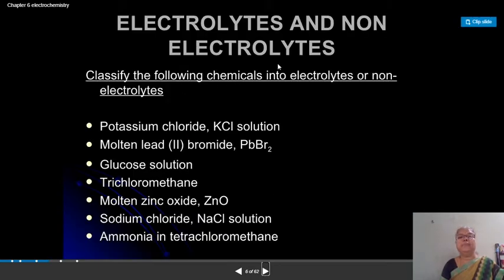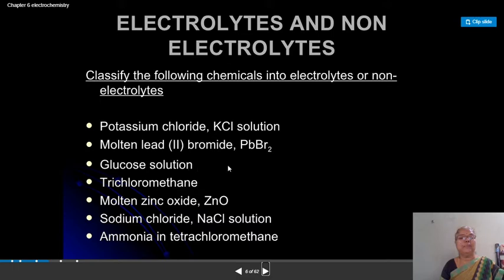Electrolytes and non-electrolytes. Here they classify the following chemicals into electrolytes or non-electrolytes. Here are some examples. Potassium chloride, it is an electrolyte. Molten lead bromide, that is PbBr2, is also an electrolyte.